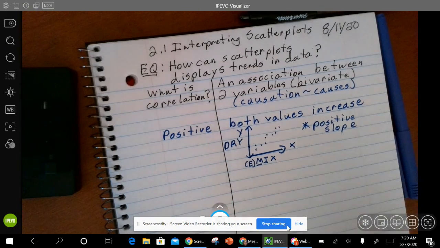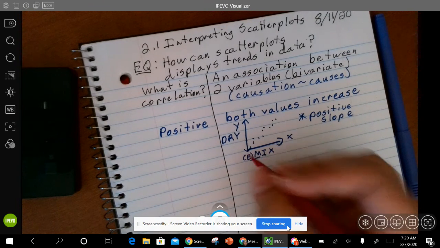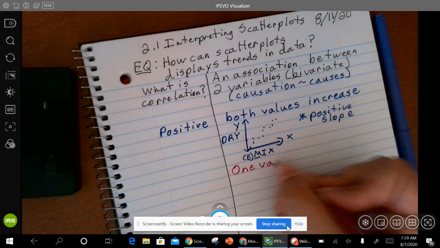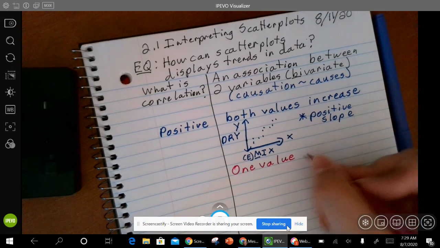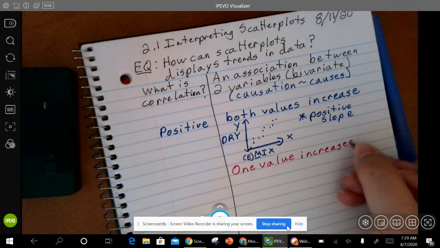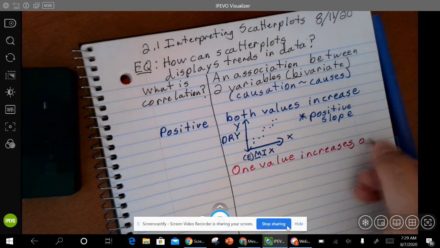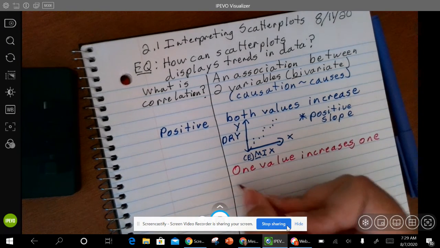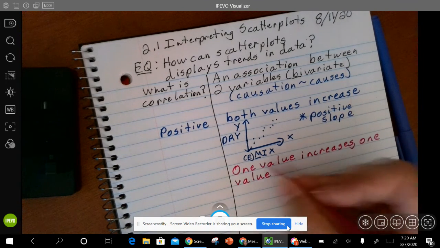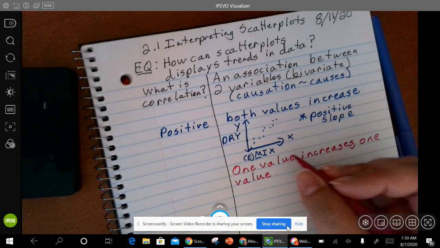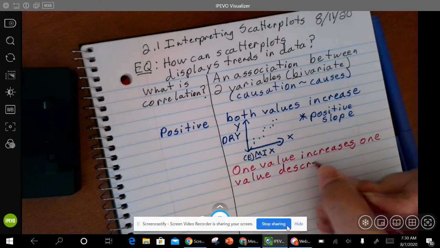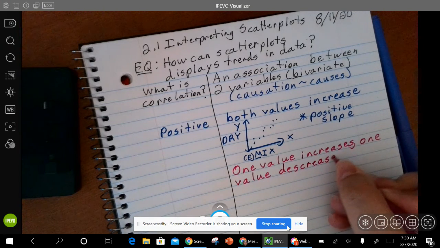We can also have a negative correlation. So negative correlation is going to be if one value increases, the other value is going to decrease. So if the explanatory value increases, the responsive variable decreases.